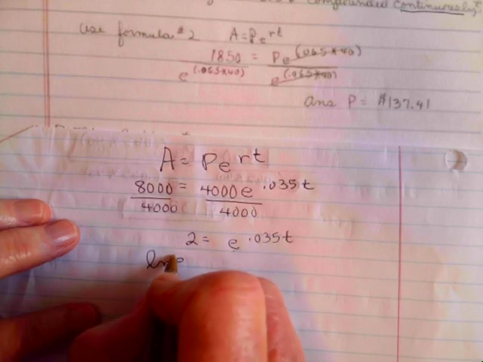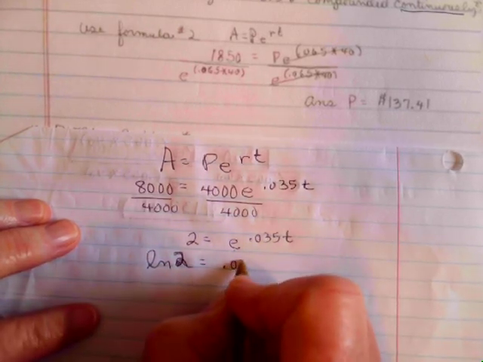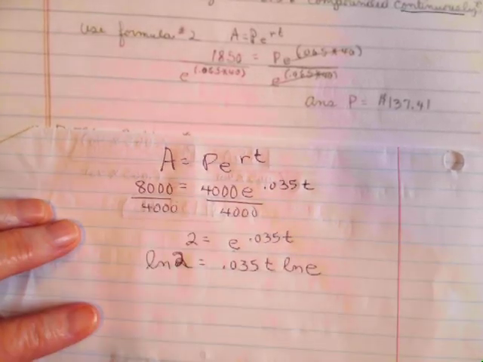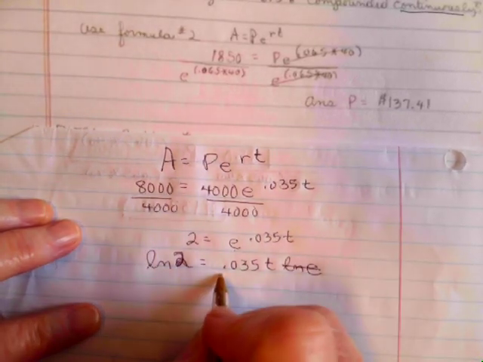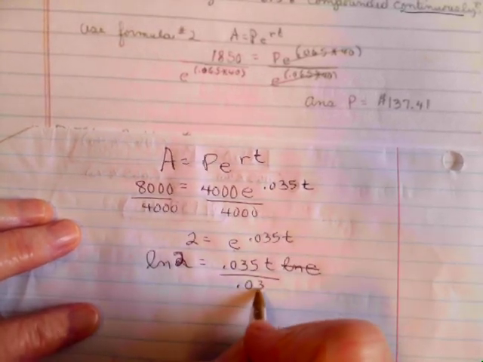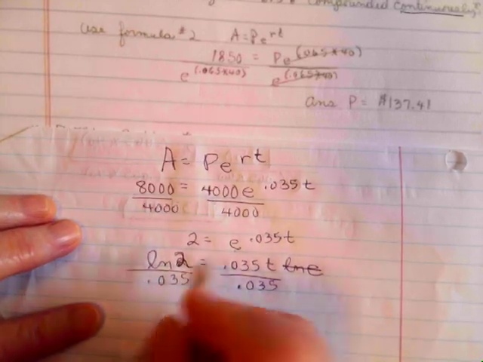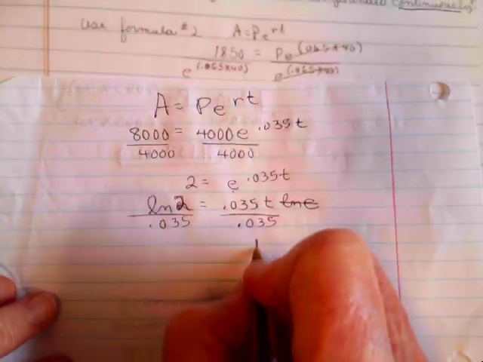Natural log of 2 equals 0.035 T times the natural log of E. We know natural log of E is 1. I can just cross it out. Divide by 0.035 on each side. When you put that in your calculator and work that out, you should get T equals 19.8 years.